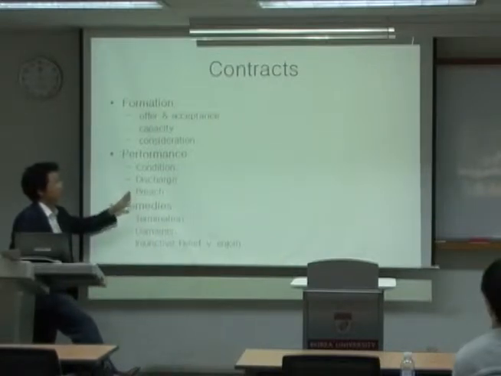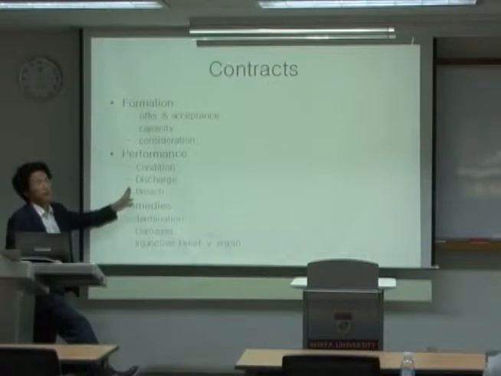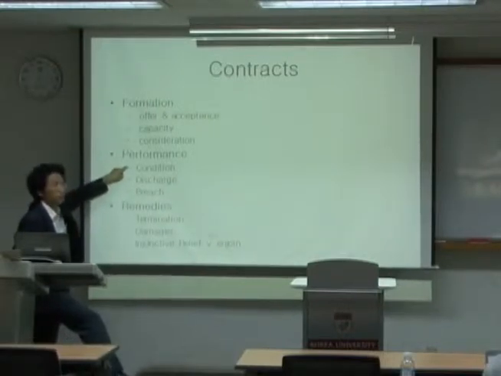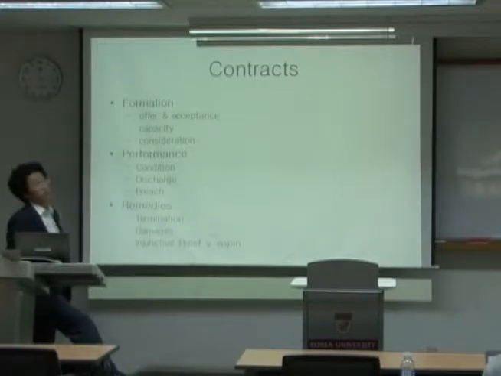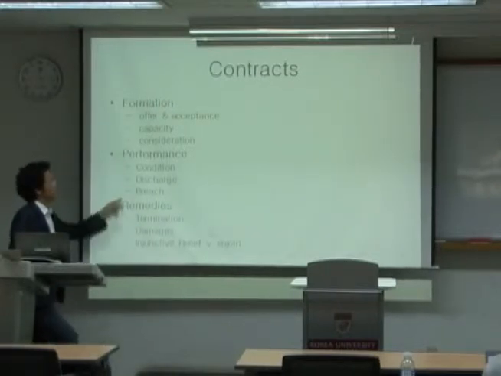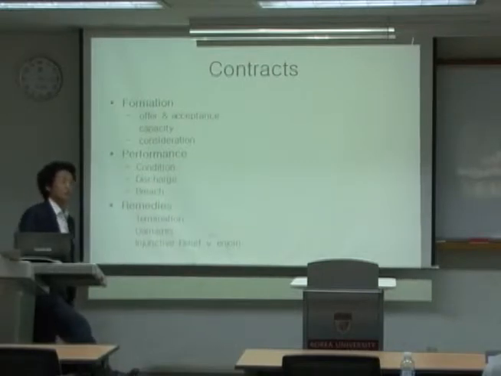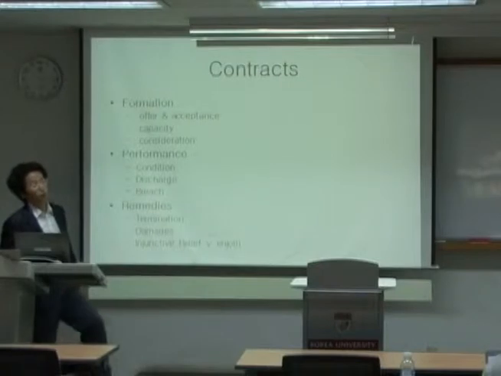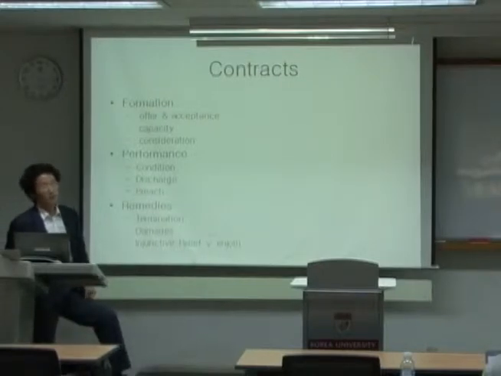So here the contract is not performed, right? But there are times that a contract is not performed, and yet it's not a breach. There are two situations like that. One is when a condition for a contract is not satisfied.